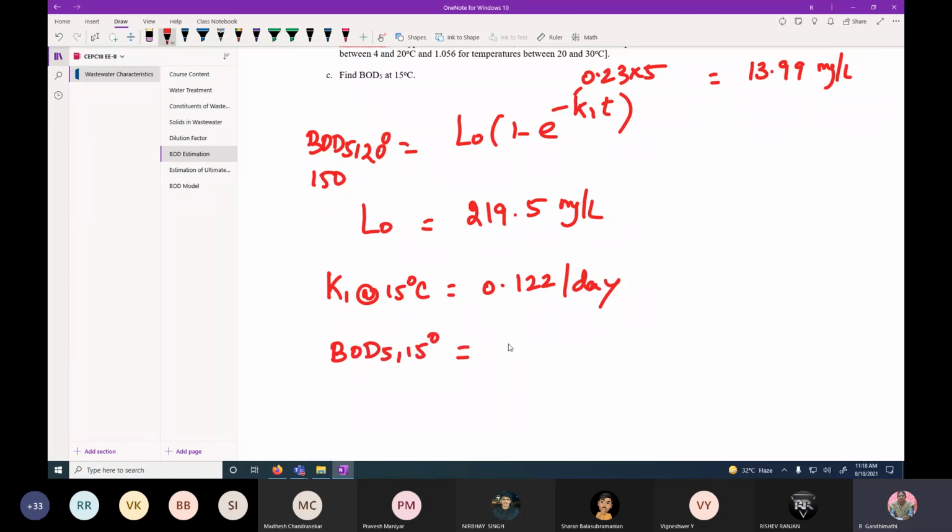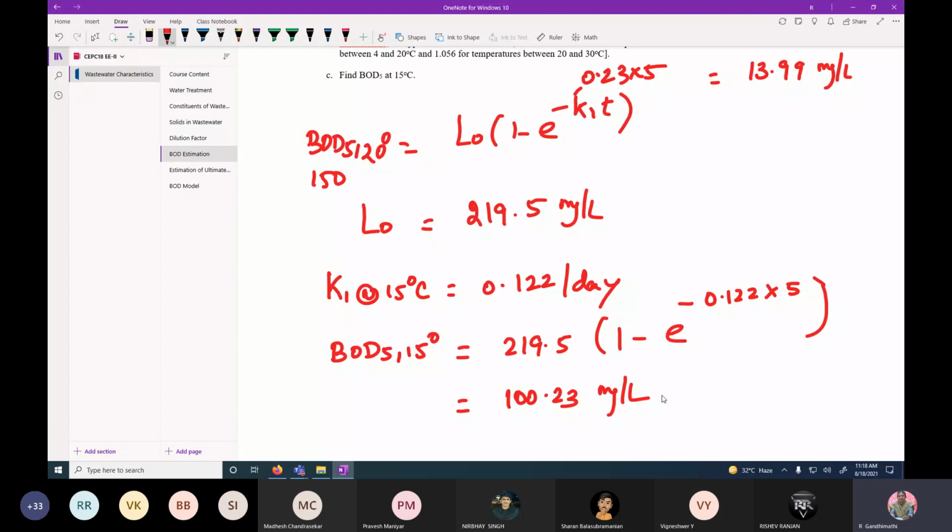Then L naught is 219.5 into 1 minus e power minus K1, which is 0.122 into 5 days. What is BOD 5,15? It is 100.23 milligram per liter.